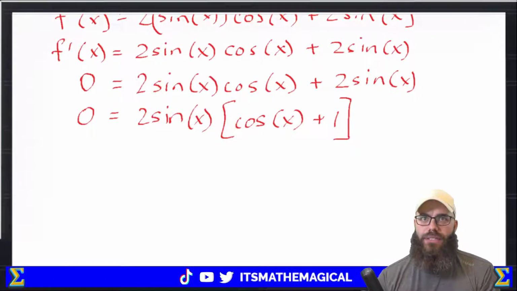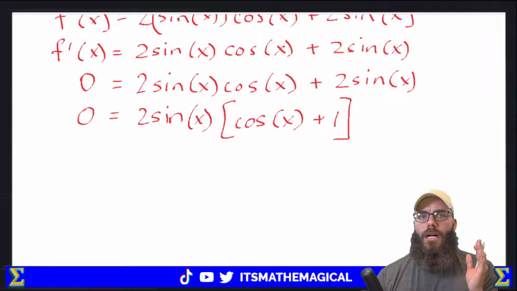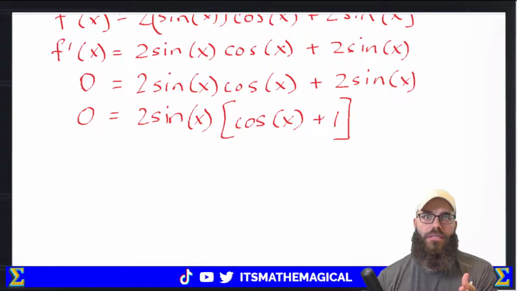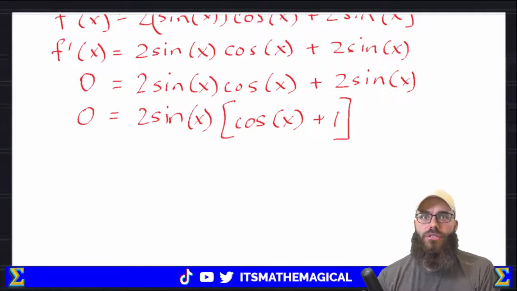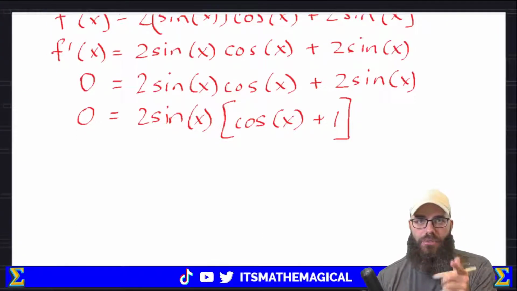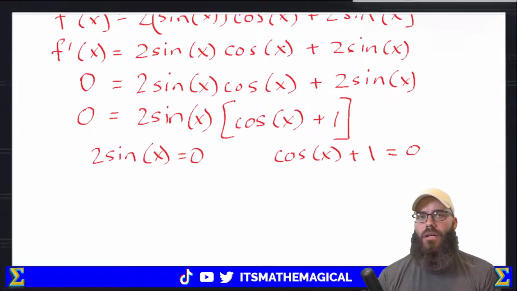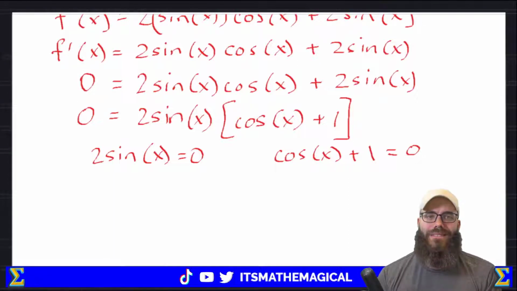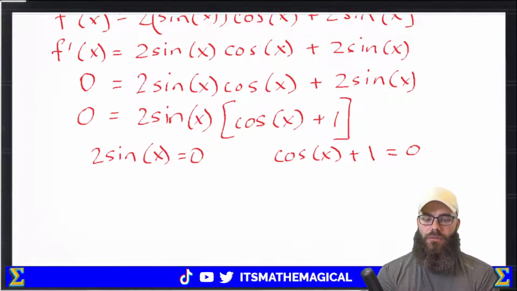Now we have this equation factored. Remember, once you have an equation factored and set equal to 0, to solve, you set each of these factors equal to 0 and solve those equations. So let's set our factors, 2 sine x and cosine x plus 1, equal to 0. 2 sine x equals 0. To isolate sine, all you're going to do is divide by 2. 0 divided by 2 is 0, so we can reduce this to sine x equals 0.